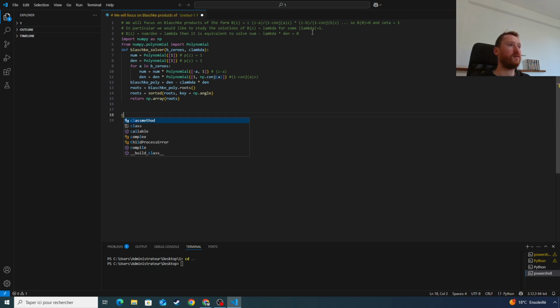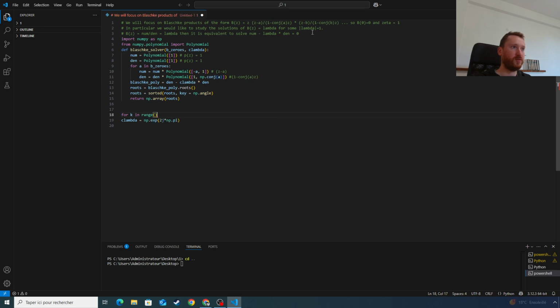So c_lambda is equal to np.exp of 2j times np.pi times, okay, in fact we will loop over many values of lambda, compute for each of these lambdas the solutions, and plot everything at the same time.